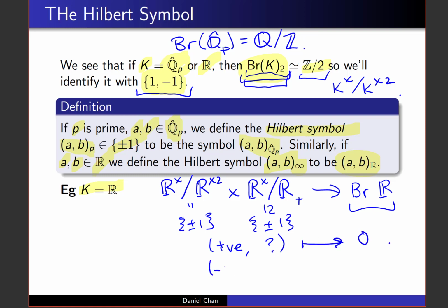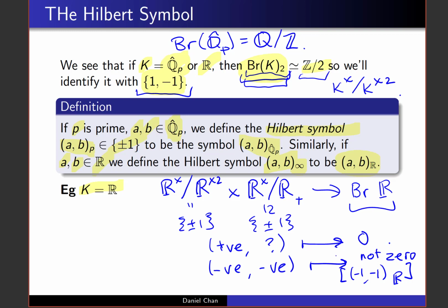The only interesting question is what happens when you have negative, negative. This is the non-zero element, Hamilton's quaternions, or rather the equivalence class containing that.